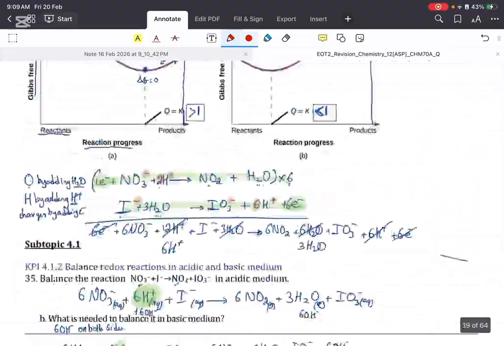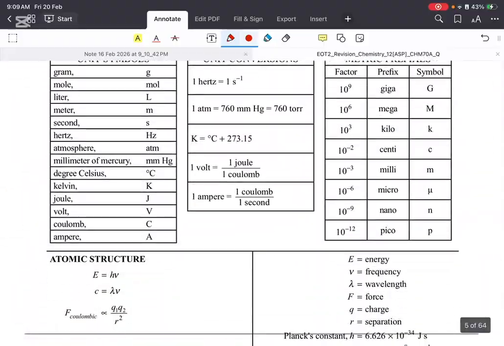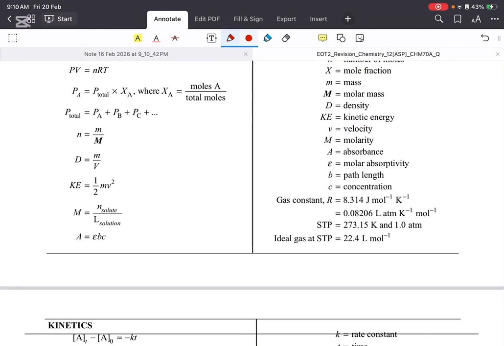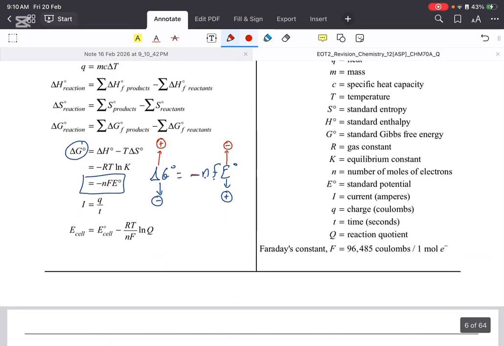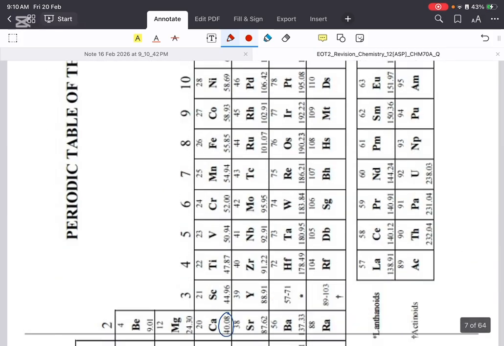Now, I want to show you here in your formula sheet that the voltage is joule per coulomb. Here is the Faraday constant. It's over here. Don't forget this.